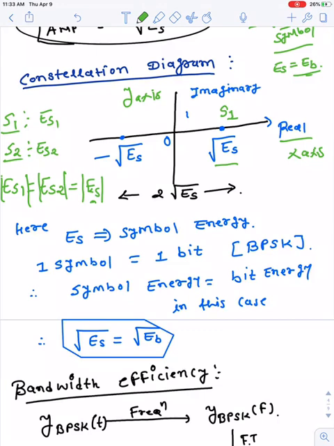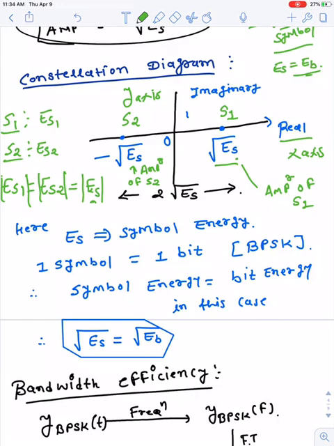The S1 symbol has the amplitude of the square root of ES, and the S2 symbol here has an amplitude of minus the square root of ES. So these are the amplitudes of symbol 1, S1, and of symbol 2, S2.